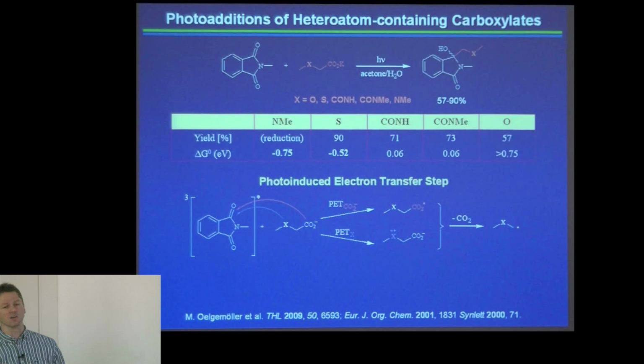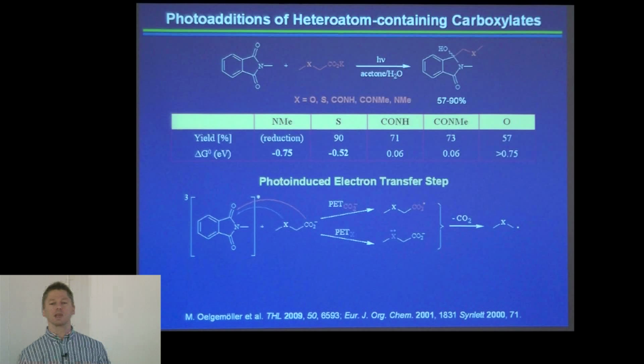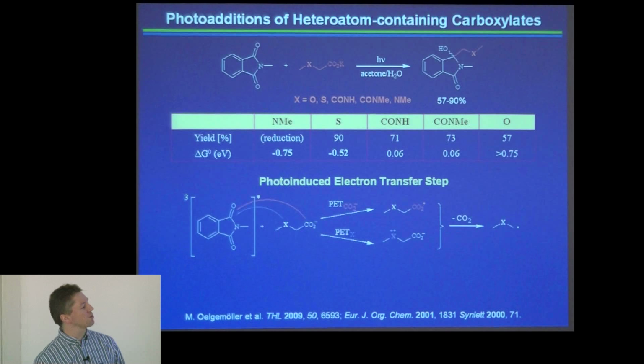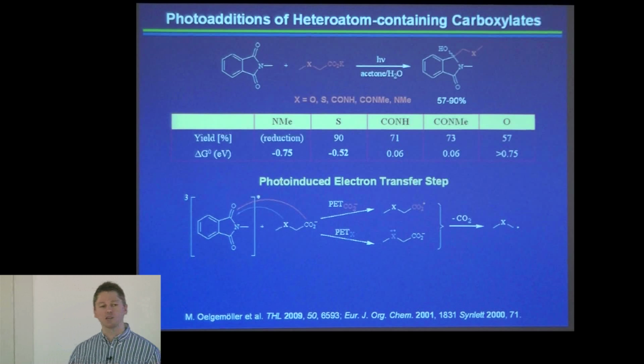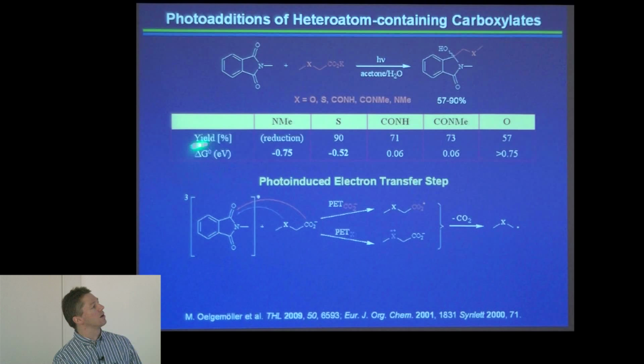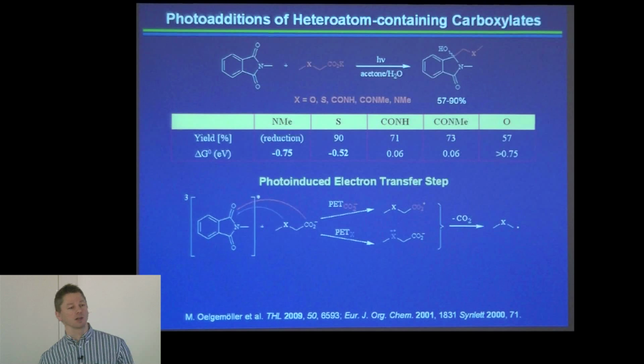You get the same radical, so what? Basically, it makes a difference if you put a second carbon between X and the carboxylate, but I'm not showing you that here. What you can do is you can use now the redox properties for X versus carboxylate to really calculate which one is it, the upper or the lower case.